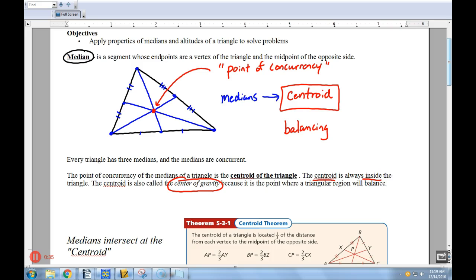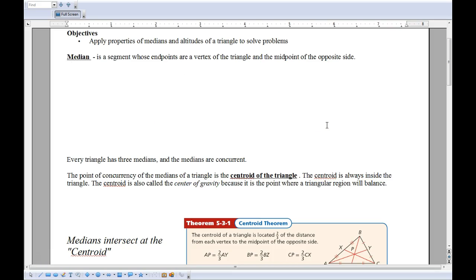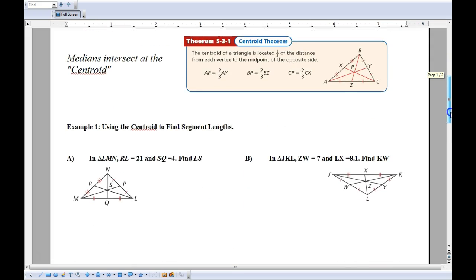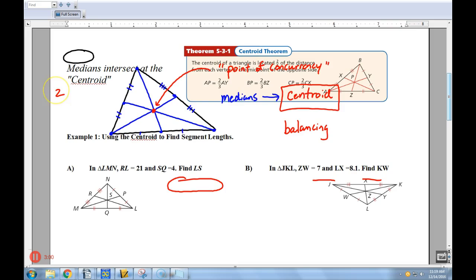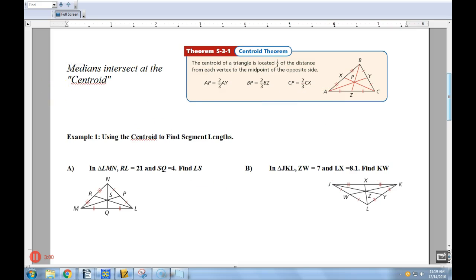Now there's also a couple other little pieces here that are true, and I'm going to scroll down to get into the Centroid Theorem. The theorem is written a little bit weird compared to how I like to do it, but it says the centroid of a triangle is located 2/3 of the distance from the vertex to the midpoint.